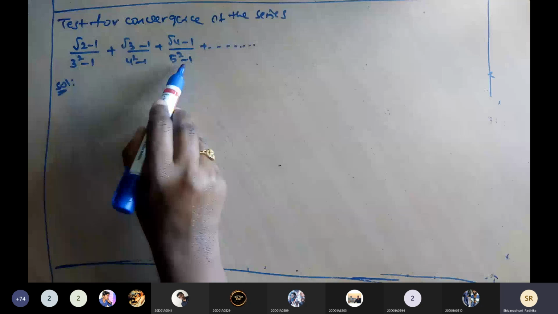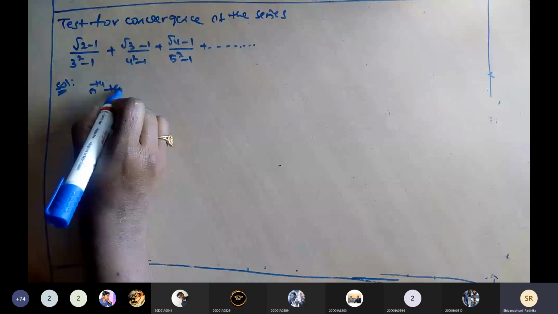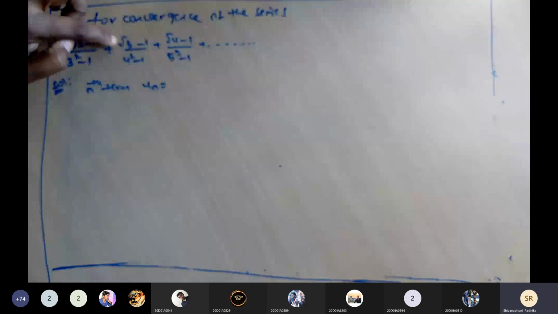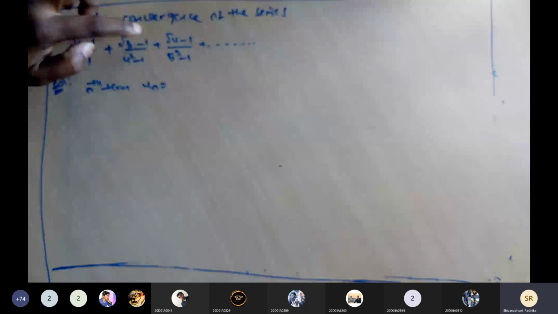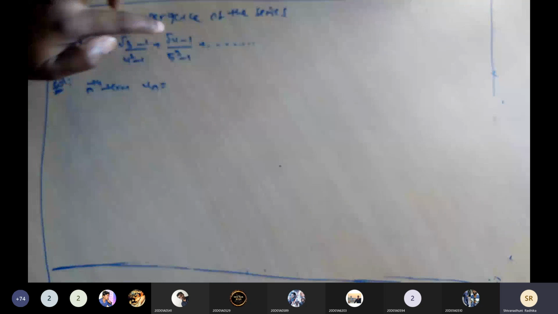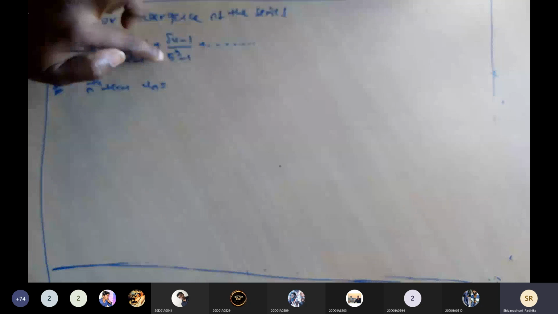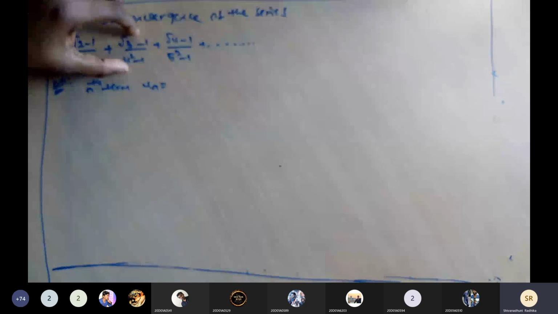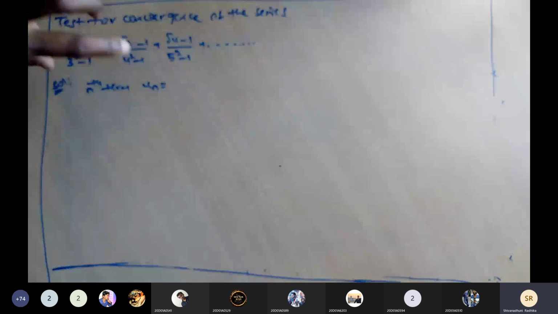The nth term is nothing but Un. Now what is Un? Tell me, anyone. The first term is root 2 minus 1 by 3 square minus 1. Go for the second one: root 3 minus 1 by 4 square minus 1, then root 4 minus 1 by 5 square minus 1. What is the relation between the numerator and denominator, as well as the first term and second term?